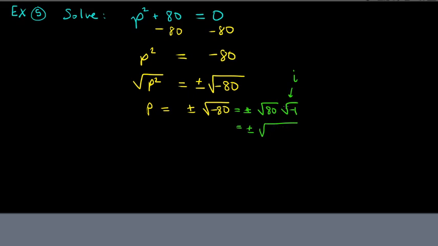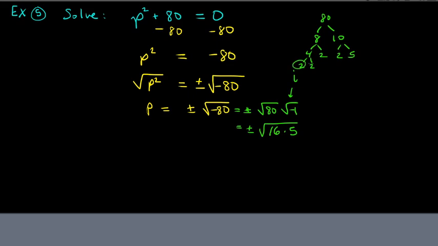We could do 4 times 20, but 20 is also 4 times 5. So 4 times 4 is 16, and 16 times 5 is 80. If you didn't follow that, just do the factor tree. Do 8 times 10, and then 8 is 4 times 2, and 10 is 2 times 5, and 4 is 2 times 2.